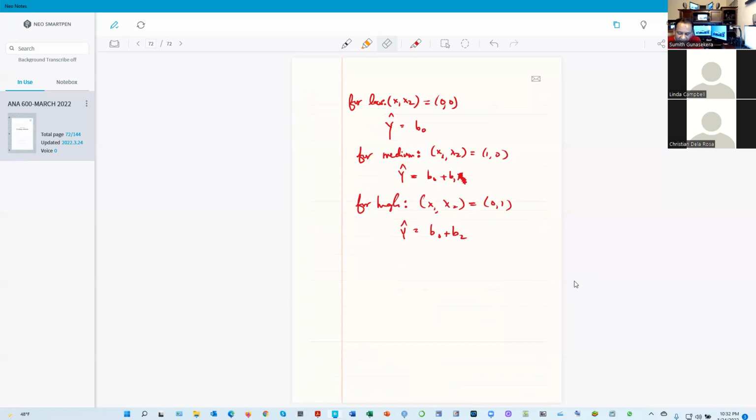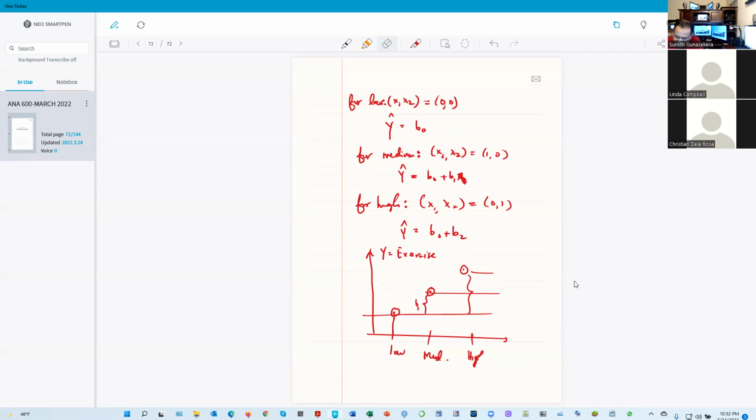If you draw this, you can see it clearly. Y is exercise. This one is low, medium, and this one is high. So this gap is b1, this gap is b2, and this is b naught.